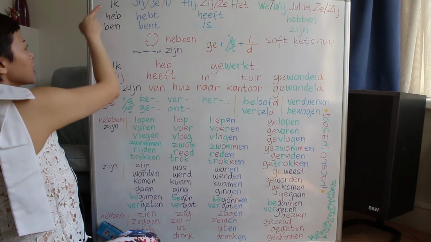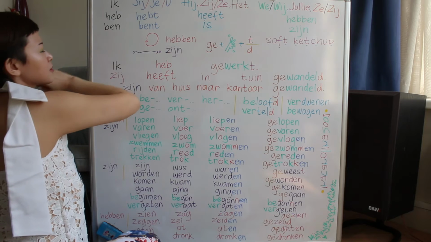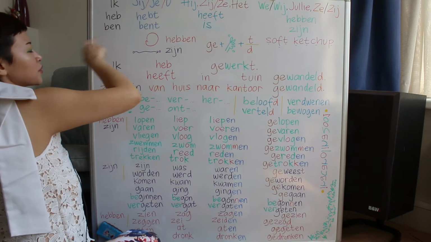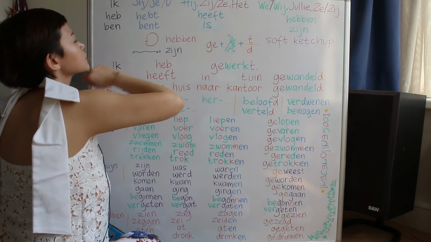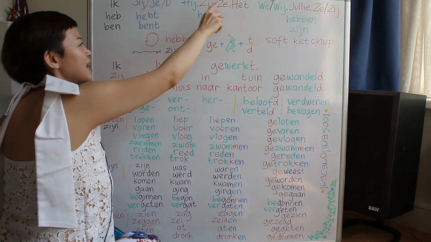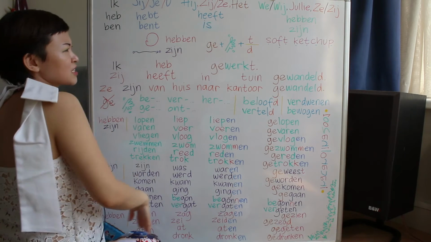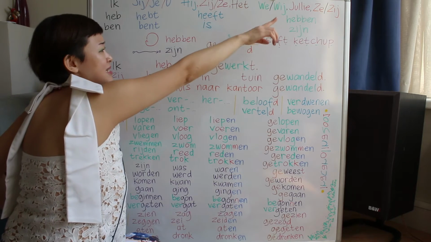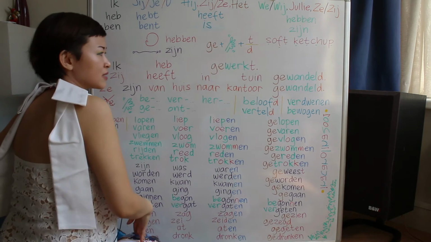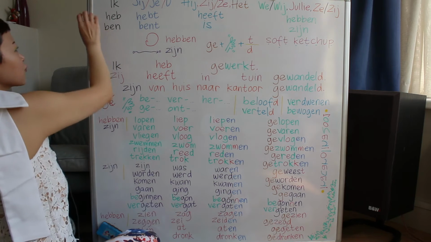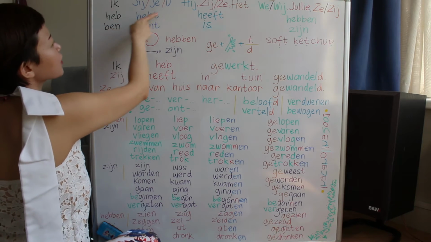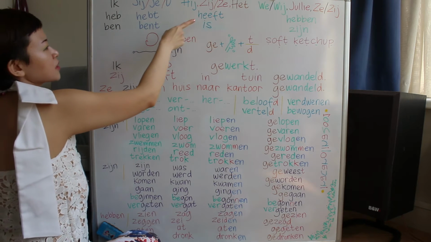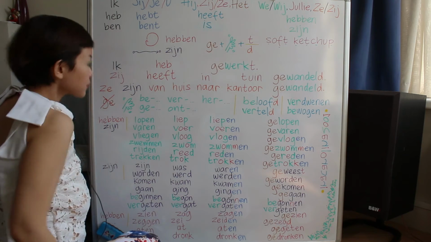Am: for ik, ben. For jij, je, u, bent. For hij, zij, ze, het, is. For we, wij, jullie, ze, zij, zijn. Yeah, this is for have, has, have, am, are, is, are.